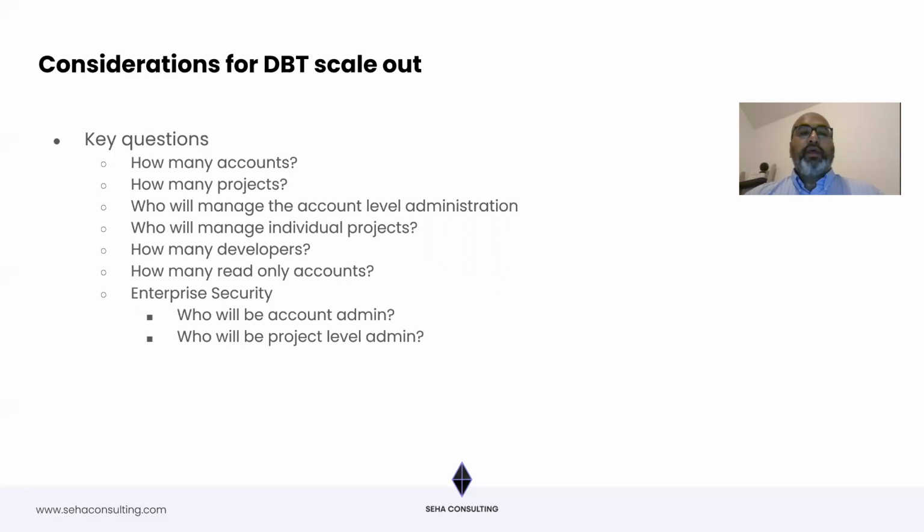In the subsequent slides, we'll talk about who will manage the account level administration, because when you've got an account, you've got administration there, and then you have individual projects underneath that account, which is where the development is happening. Who's going to manage that? How many developers are you going to have? These are issues related to your team that you will have to go through to determine your final architecture. I'm making some assumptions. Like I said, I've got one account.